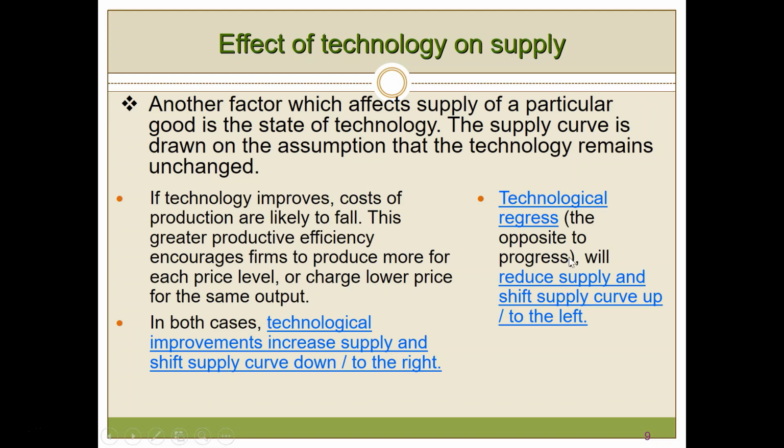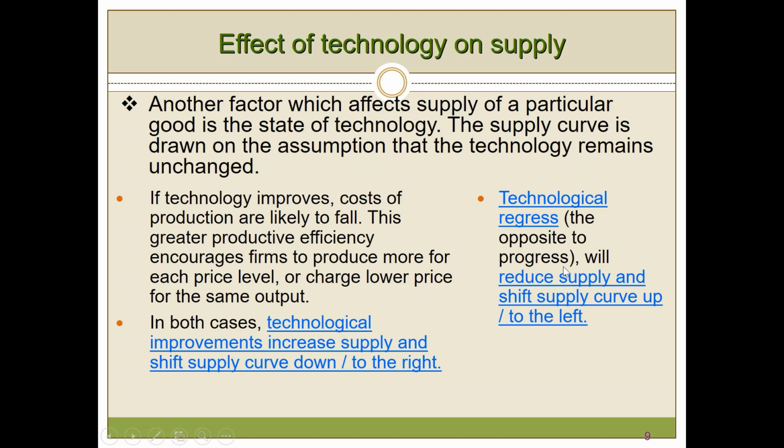And the other way around, technological regress, which is the opposite to progress, implies that our technology deteriorates. We are able to produce less with more resources, not as effectively as before, which is equivalent to raising costs of production. This will reduce supply and will shift supply curve upwards or to the left. In majority of normal situations, we don't really experience technological regress in real life.